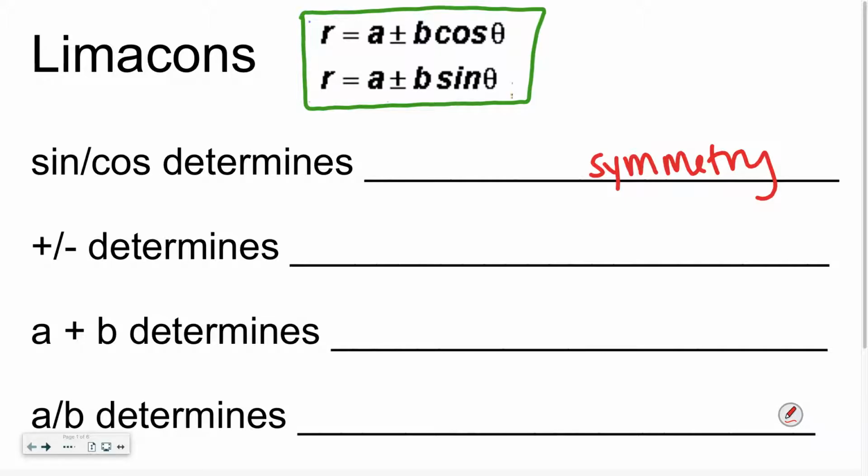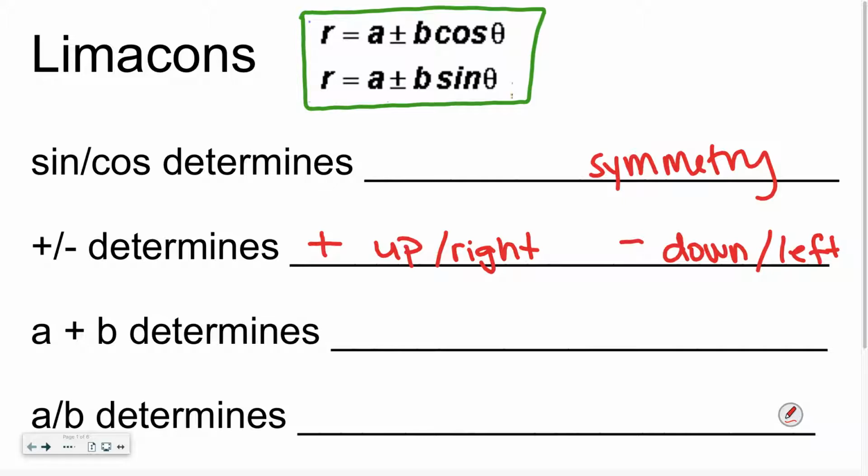Positive tells you it's either up or to the right, just like in circles yesterday. Negative is going to be either down or left.